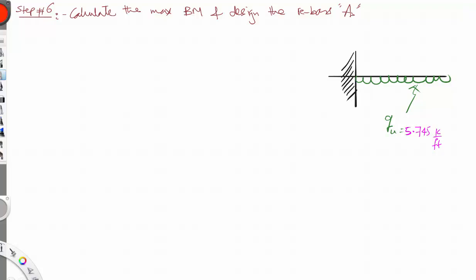Now the maximum bending moment happens at this point, at the face of, so I need to know this distance.